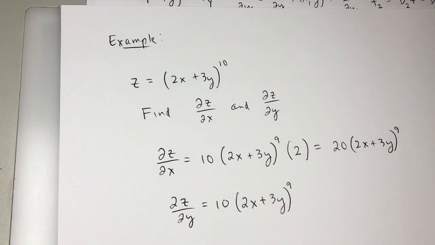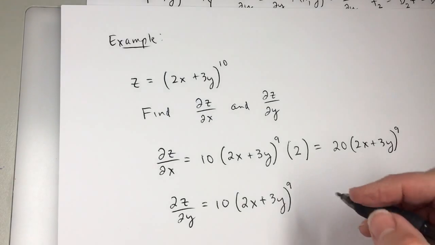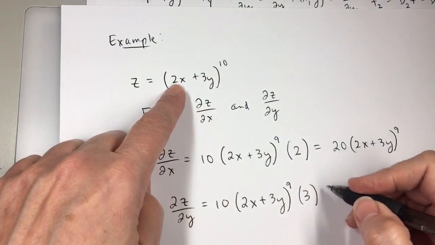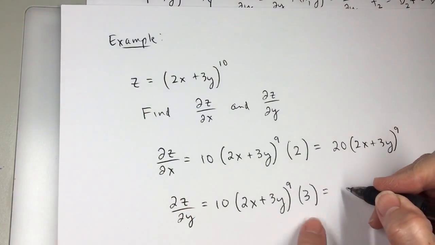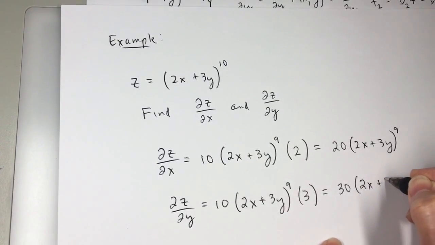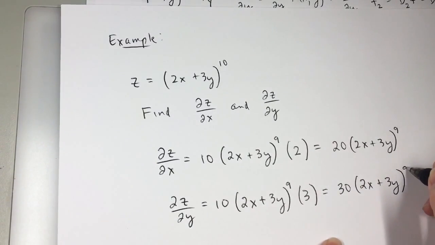This time multiplied by 3. The derivative of 3y is 3, and the derivative of 2x is 0. So 10 times 3 is 30. 30 times 2x plus 3y to the 9th power.